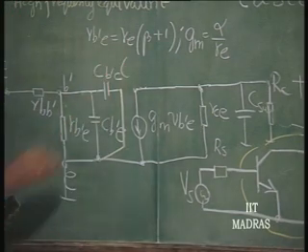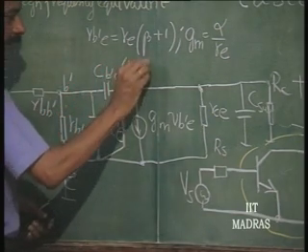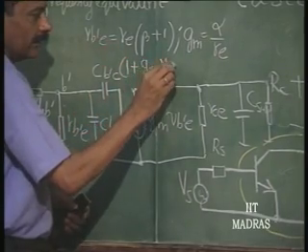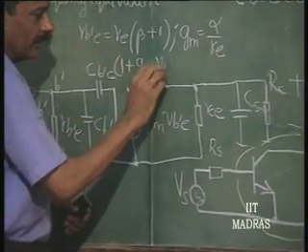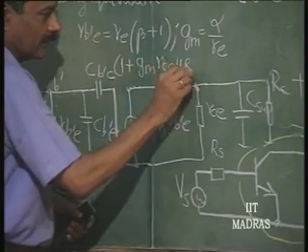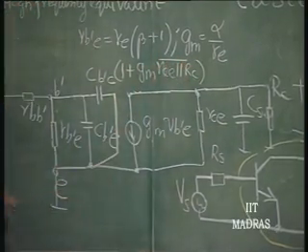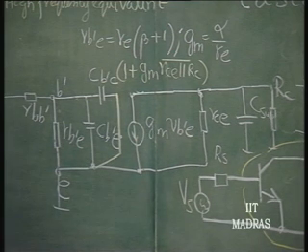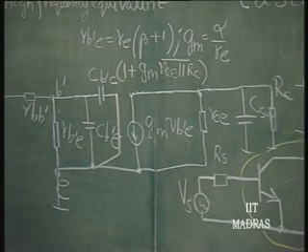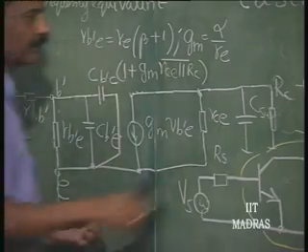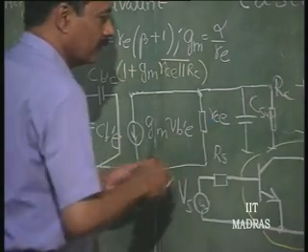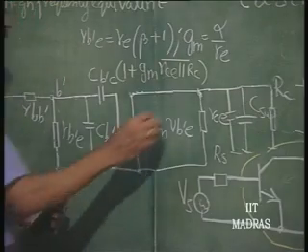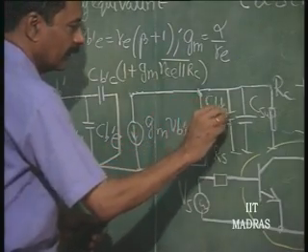So, this is going to simplify, this is going to be C B dash C into 1 plus, this is the Miller effect which we discussed, G m into R C E parallel R C. So, R C parallel R C E is very nearly equal to R C itself, that we had earlier mentioned, and across this now we have a capacitance of C B dash C coming into picture.